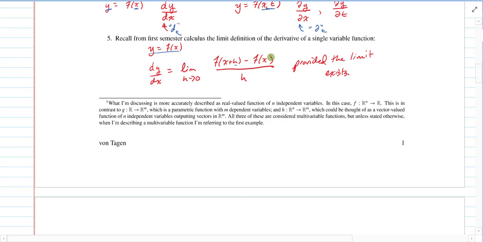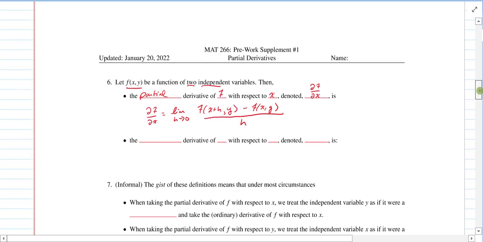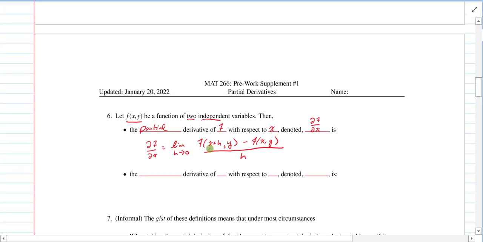So we're looking at the change in y all over the change in the x coordinate. Here we're doing the exact same thing. We're going to allow x to vary slightly and ask, how do the output values of the function change as x varies slightly? But notice that this has two independent variables, both x and y, and in this case, the y is not allowed to vary.